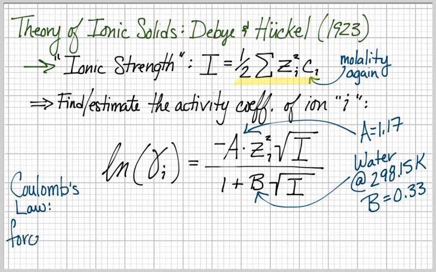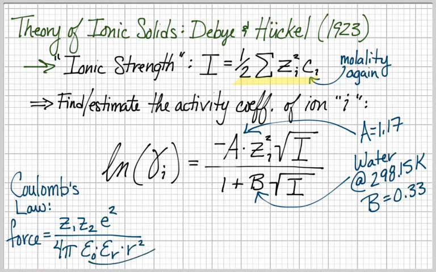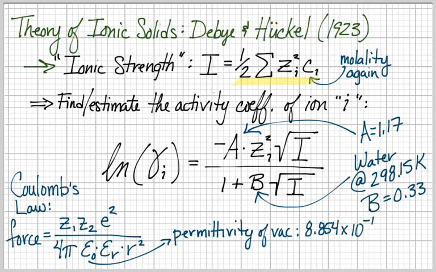The aspect of electroneutrality is also evaluated in terms of thinking of Coulomb's law, where the force between any two charges, this is electrostatics, right, is going to be two point charges, their charge times the charge on an electron squared, divided by 4 pi times the permittivity of a vacuum, which has a constant value that we were seeing right up there, times the actual permittivity of water.